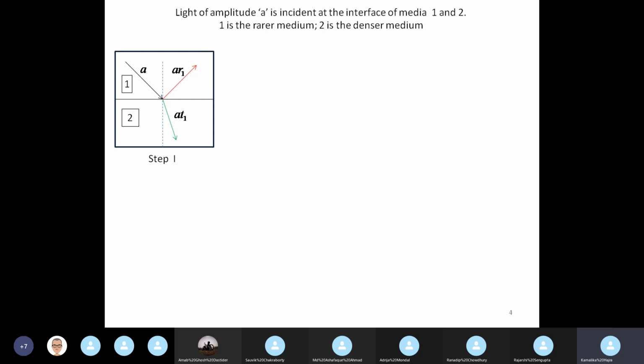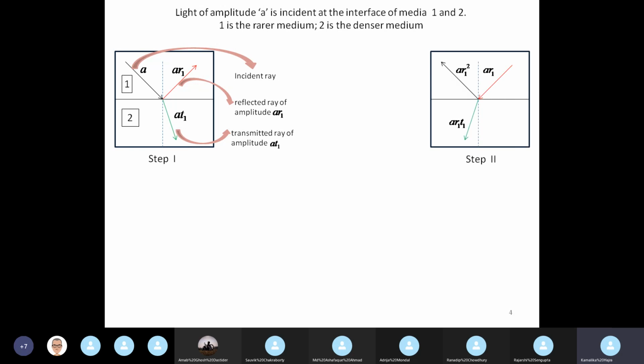How much energy does the reflected ray get? How much energy does the transmitted ray get? In other words, what is the amplitude of the reflected ray? What is the amplitude of the transmitted ray? It is decided by the parameters R1 and T1. Okay. So this is my first step. Source is here and this is what is happening. So this is the incident ray. This is the reflected ray of amplitude AR1 and this is the transmitted ray of amplitude AT1.